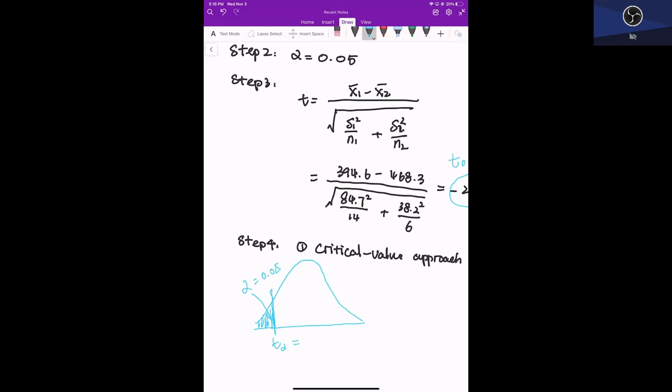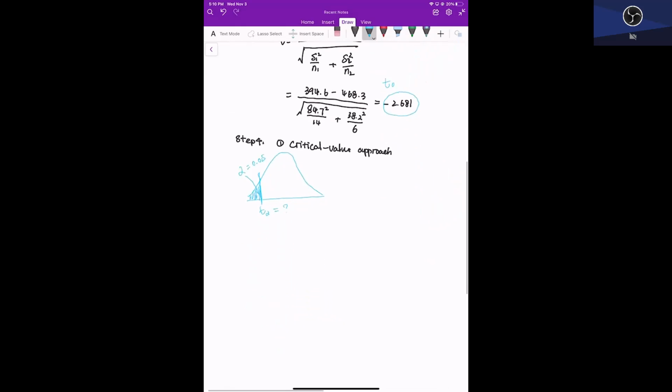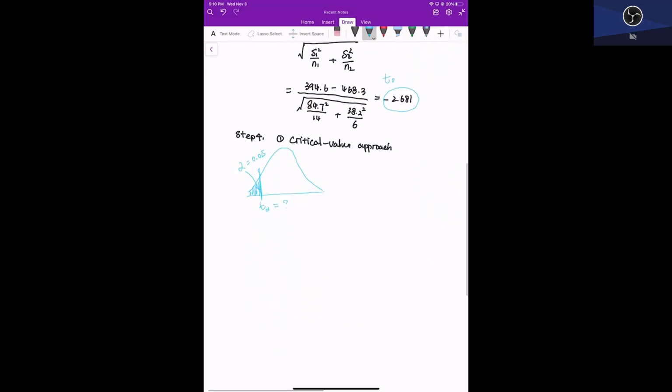And what is the t alpha? Now it becomes a little bit complicated, because when we're using t-scores, we have to know the degrees of freedom.